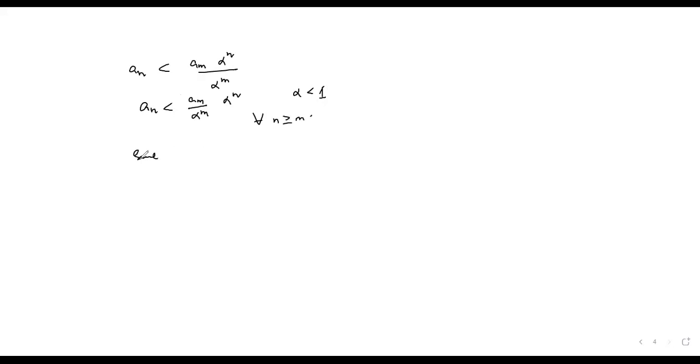Now a_m divided by alpha raised to power m is a fixed positive number, because m is fixed, n is running afterwards, and n is bigger than m. So it's a fixed positive number.